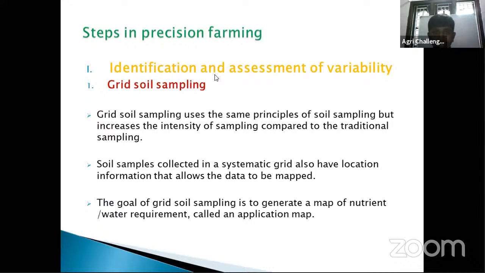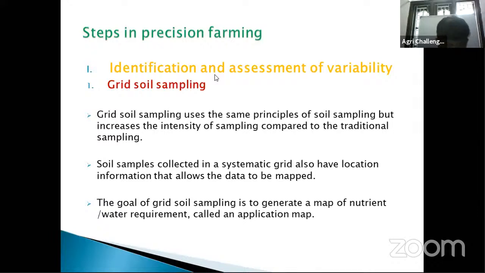The grid also has location information. We are geotagging that particular location so that the data can be mapped. Geotagging for what? For further mapping, fertility mapping, or to further analyze and assess the different variabilities.